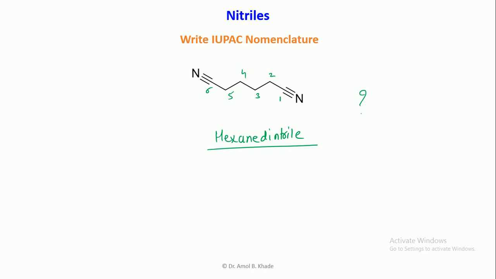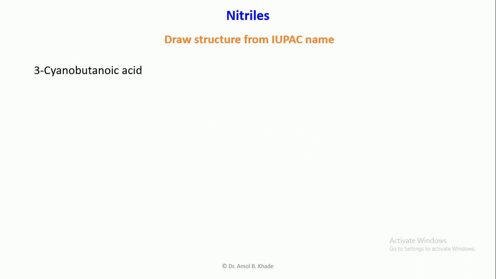You can also indicate the location of the nitrile group, but even if you mention it like this, it is alright. Now, how can you draw the structure from the IUPAC name? For example, here 3-cyanobutanoic acid. So it is a butane.